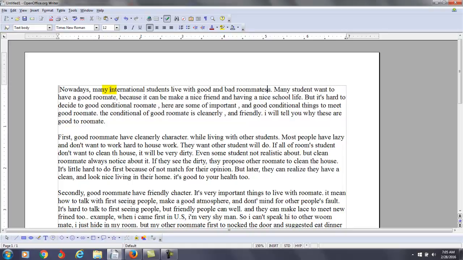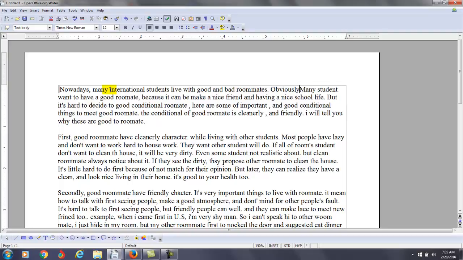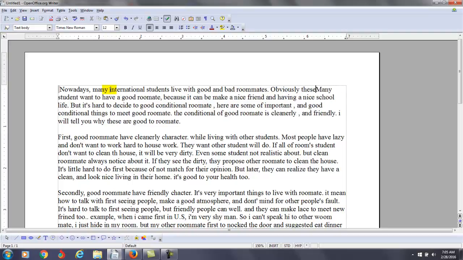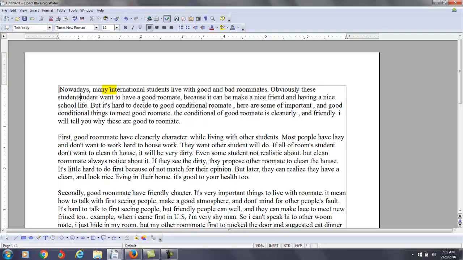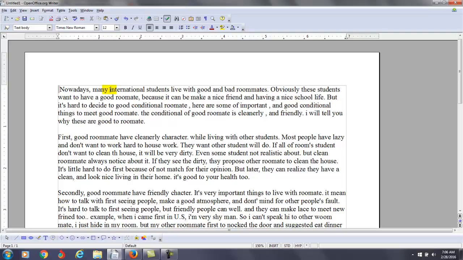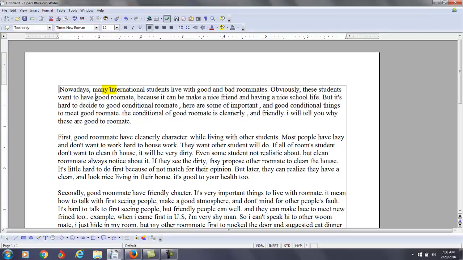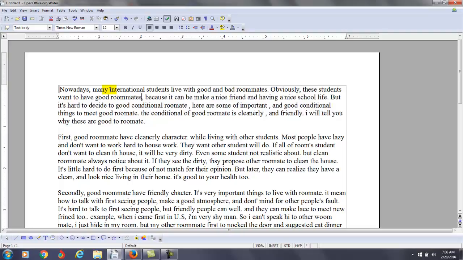And then you don't have to say this. This is a little bit too wordy, I think. You can say something like, obviously. And what I'm doing is trying to tie these two sentences together. So you say, obviously, these students want to have good roommates.